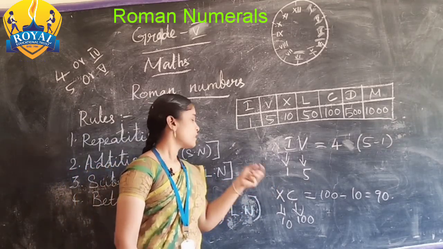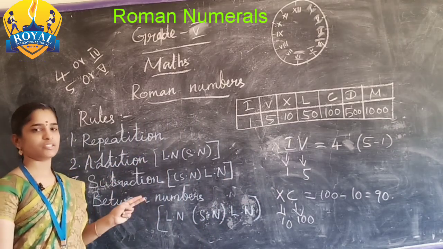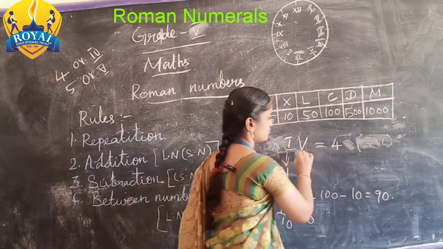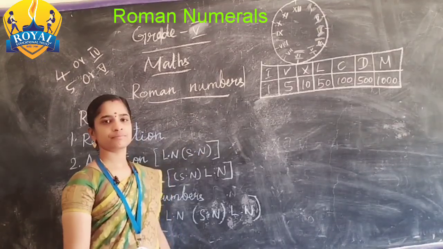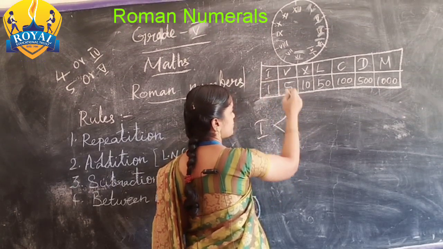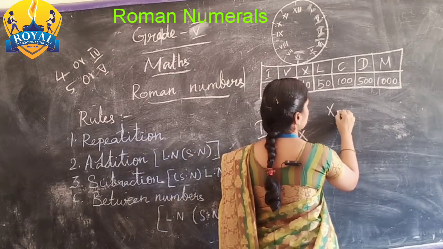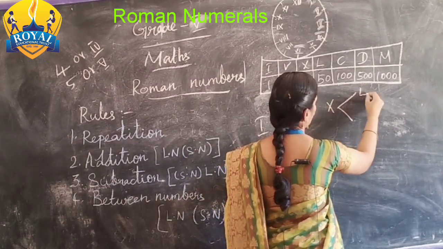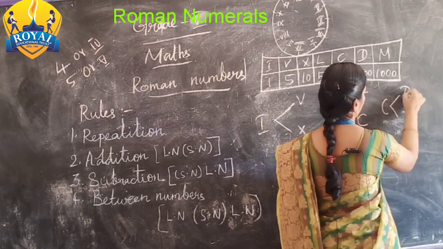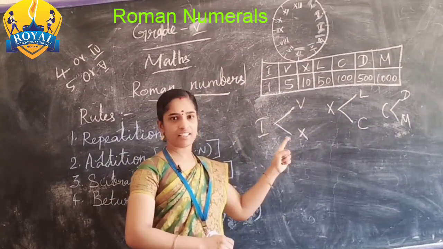Students, the third rule is very important. I is subtracted from V and X only, not others.